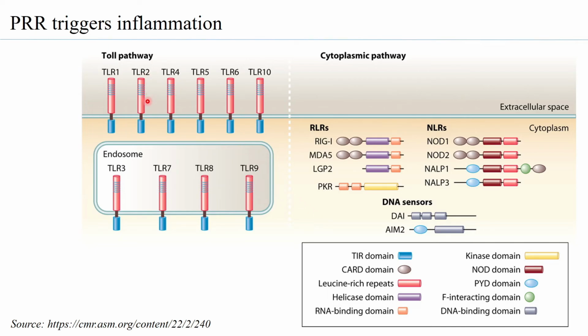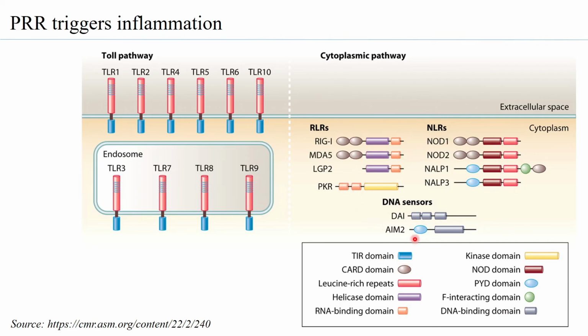Now you also have soluble pattern recognition receptors. For example, you have rig-like receptors, nod-like receptors, and DNA sensors. All of them are present in the cytoplasm.